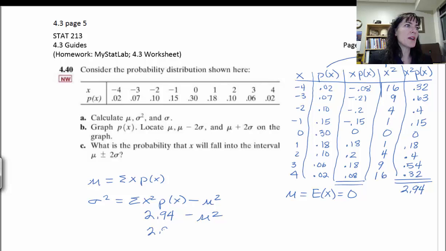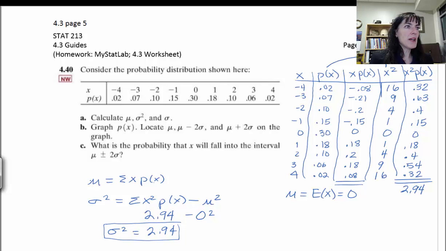So it's 2.94 because I'll put that back in with its actual value. So when I subtract 0, nothing's going to change. So my variance is 2.94.